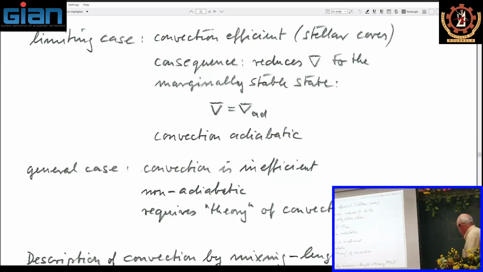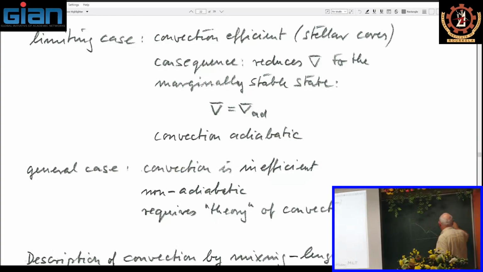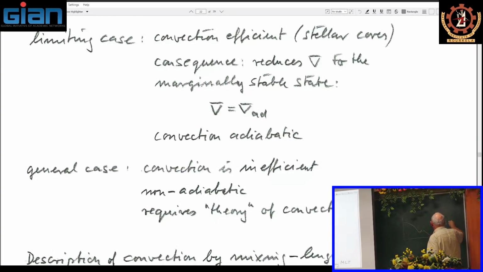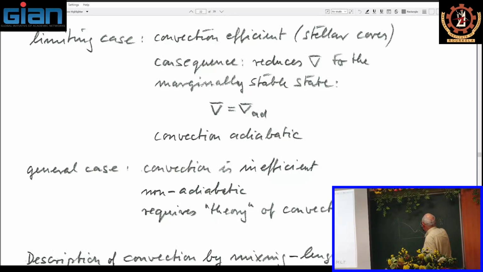So the pressure scale height is something like (1/P dP/dr) to the power minus 1. This is the so-called pressure scale height. It's a length scale which is associated with the stratification of pressure. And the mixing length is measured in terms of the pressure scale height.